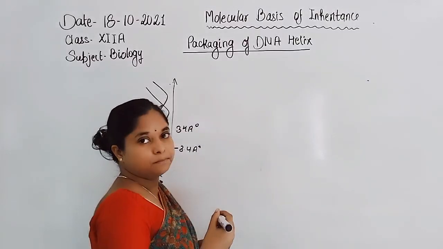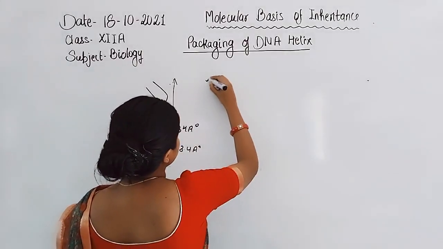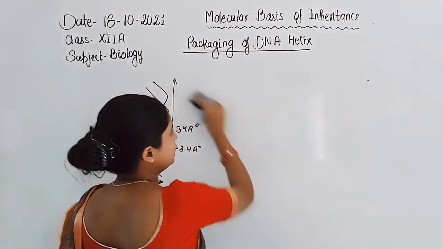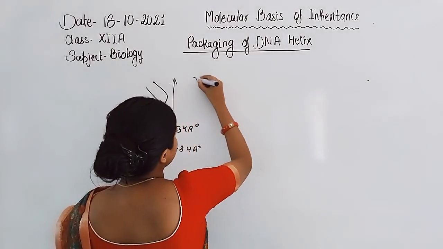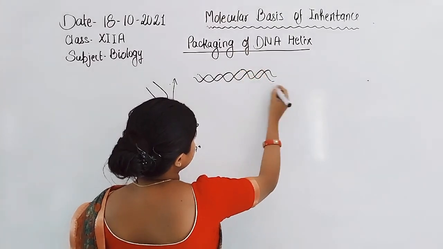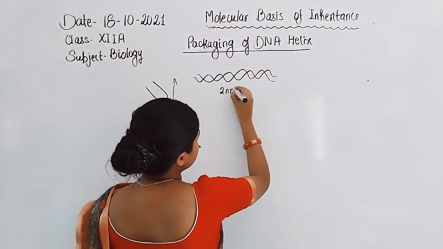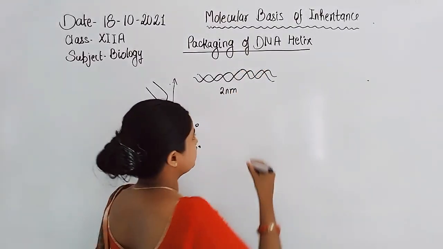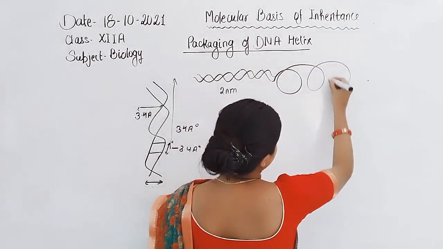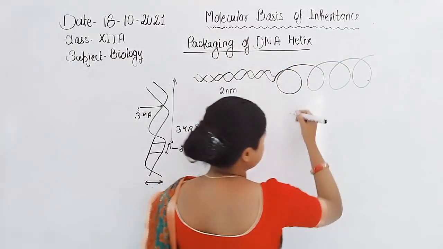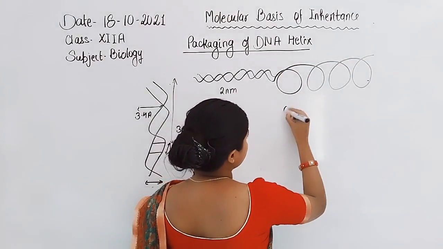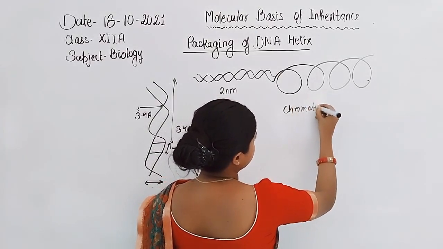Or condensation of chromosome. The DNA double helical structure has a diameter of about 2 nanometer. When the DNA is wrapped around histone protein, it is converted into the chromatin fiber.